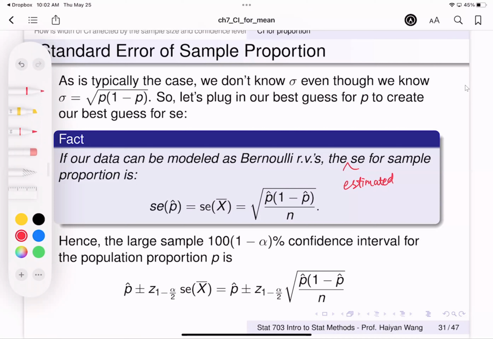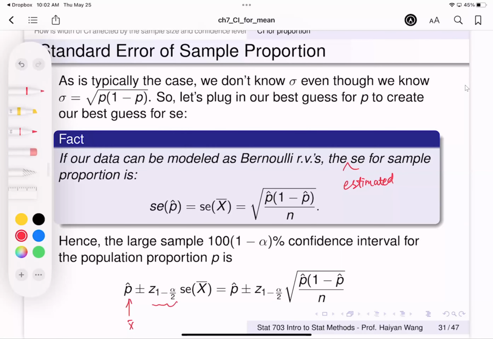And then when we have n being large enough, we can use this confidence interval formula. The p hat is basically the X bar, and here's the percentile from the normal distribution, and then the standard error of X bar.